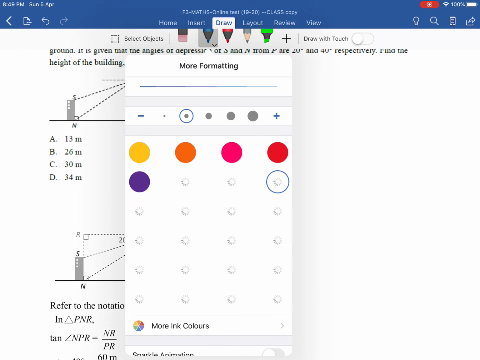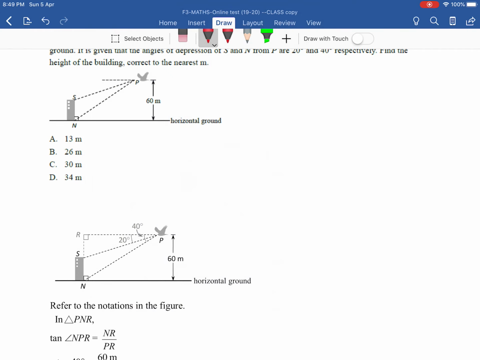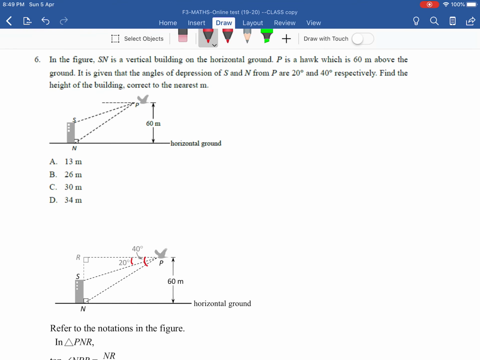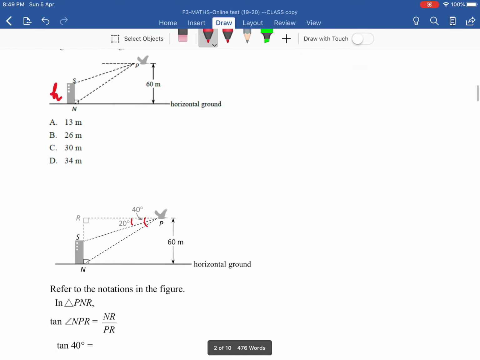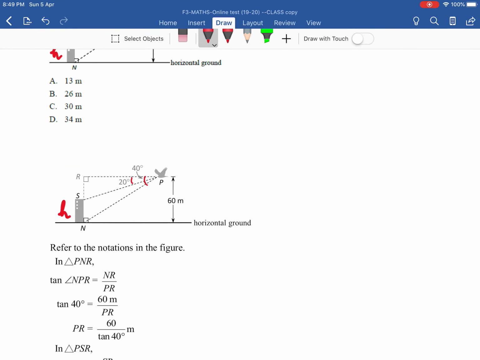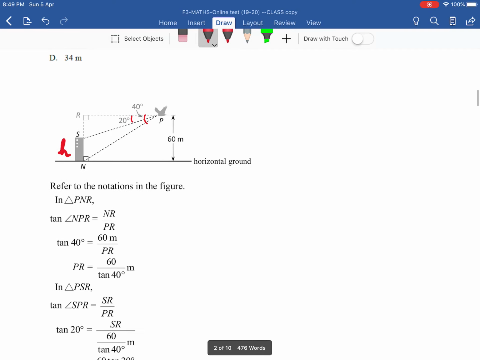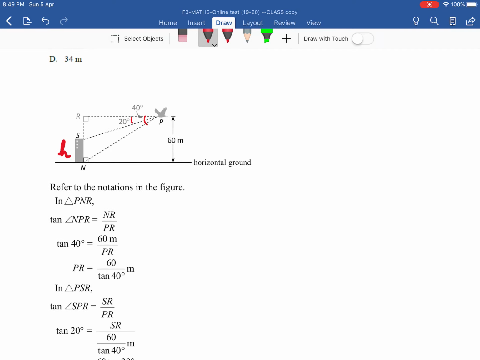I put this figure like this. Make sure that this is the 20 degrees, and this is the 40 degrees. What you're going to find is the height of the building. This one, H. Most students find the PR first, that is this one.